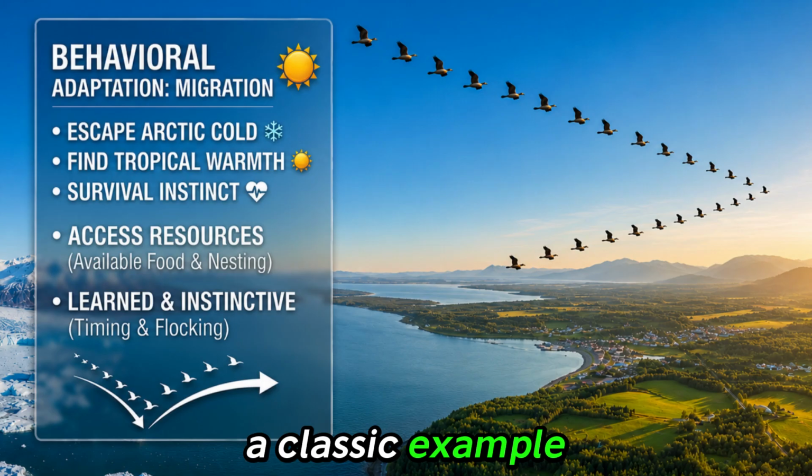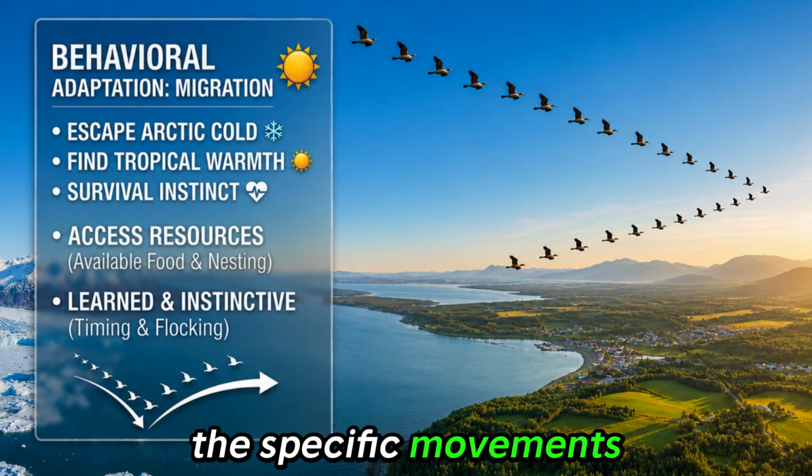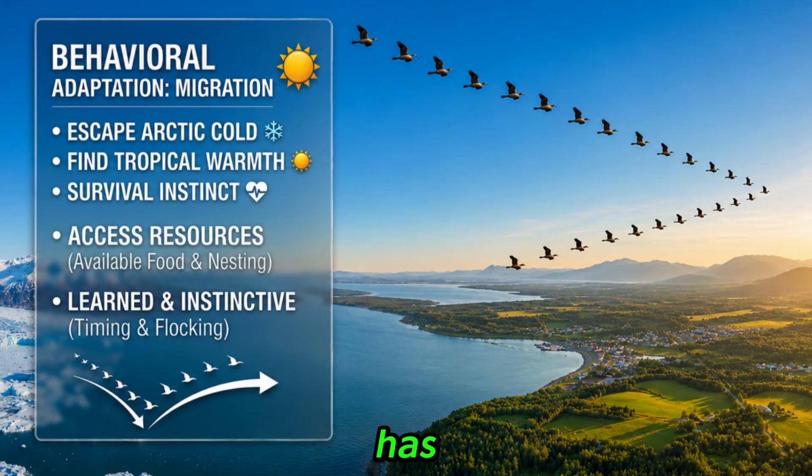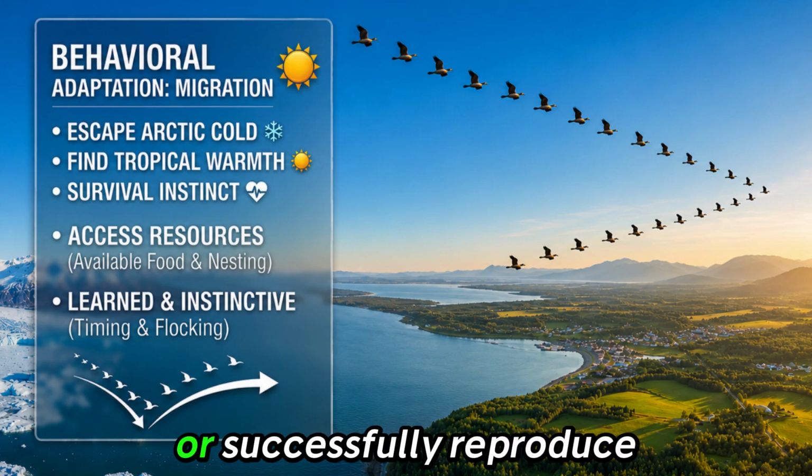A classic example would be birds migrating for the winter. This is all about action, right? It's the strategies, the specific movements, and the habits that a species has developed over countless generations to outsmart predators, survive brutal seasons, or successfully reproduce.